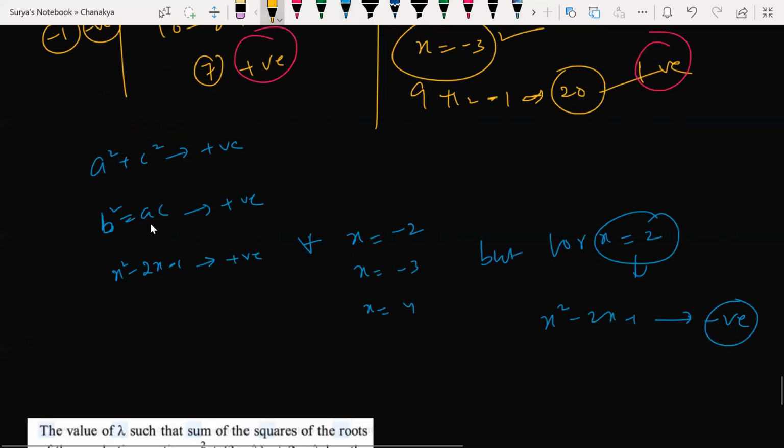So x value cannot be what? If x value is 2, it is getting negative, right? So for x value 2, the expression we have here cannot be positive. For x value 2, it will be negative. All right, 1 second, guys.